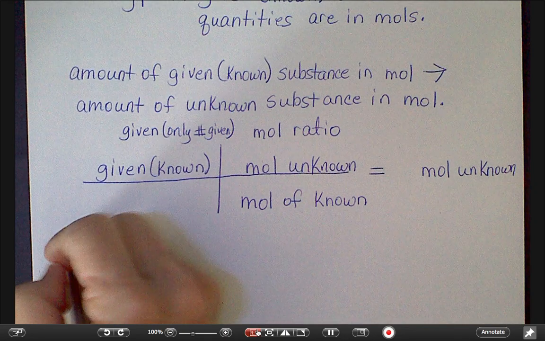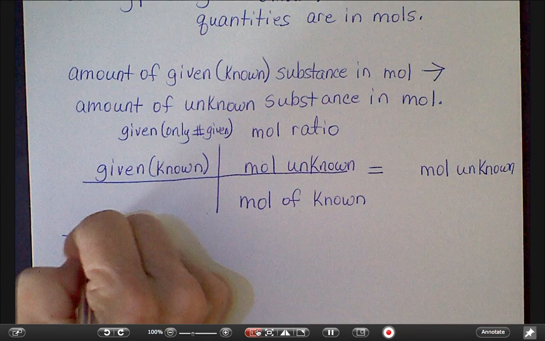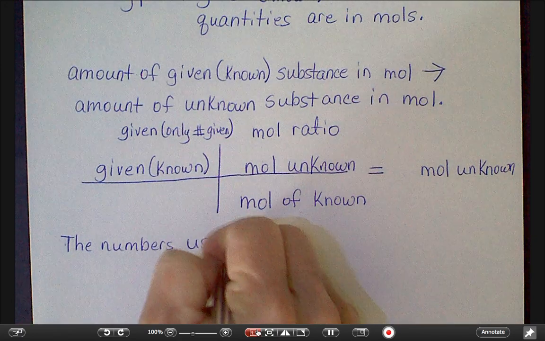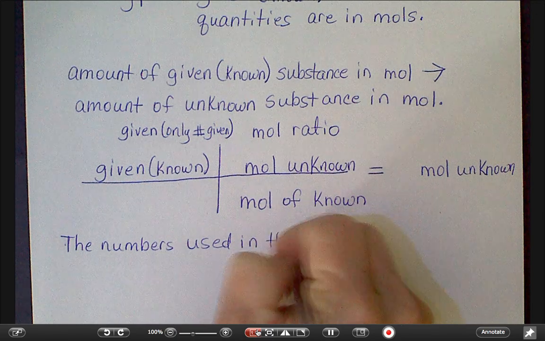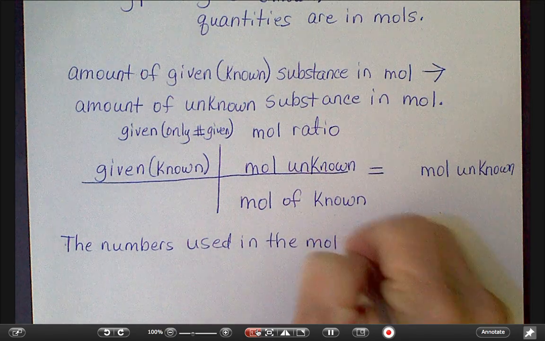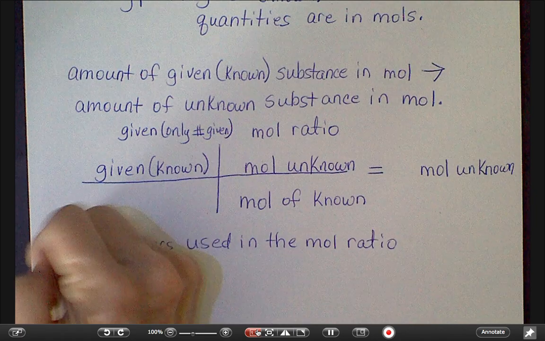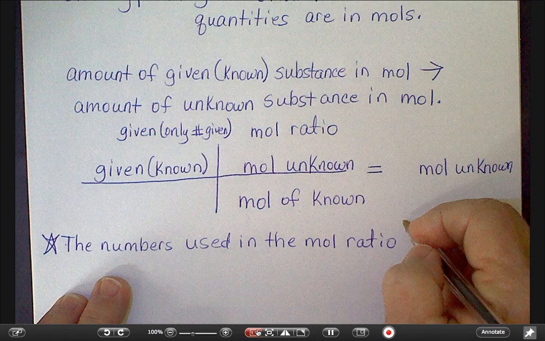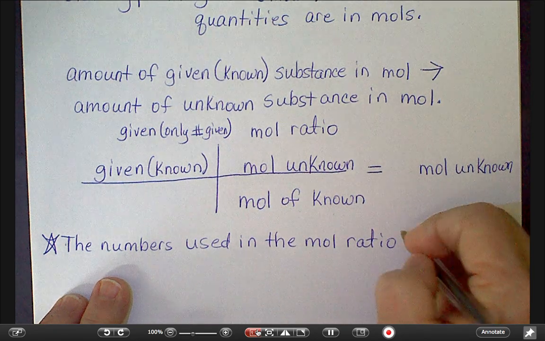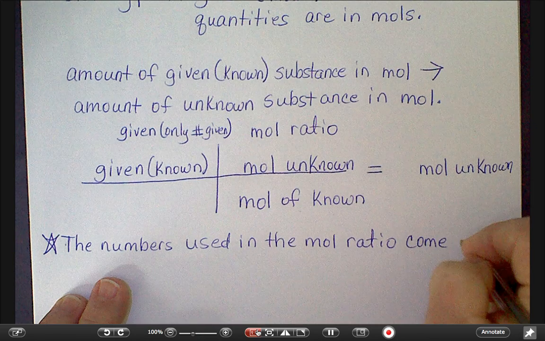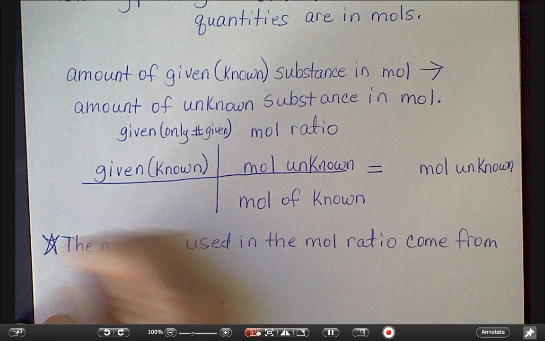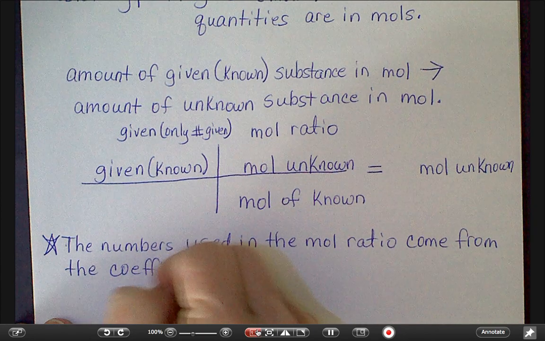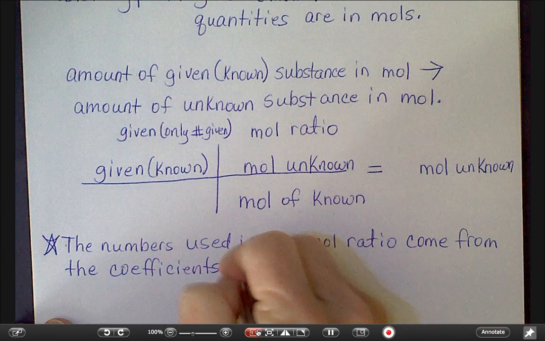The numbers used in the mole ratio, please star this. Oh my goodness, I have seen people that never get it. The numbers used in the mole ratio come from the coefficients in the balanced equation.